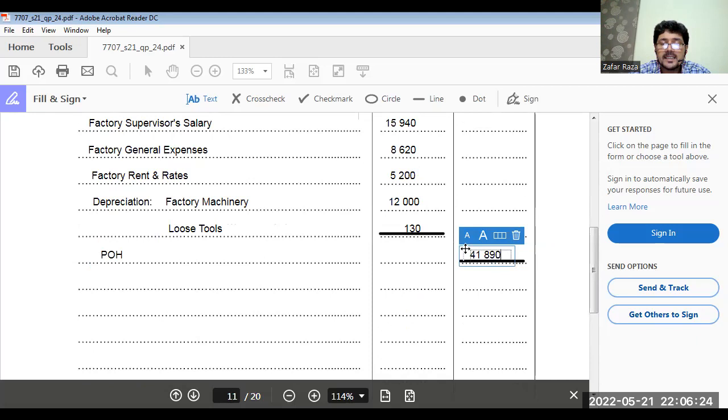Now we have to add. So prime cost plus production overhead, and we will get the amount of total manufacturing cost. This is TMC, total manufacturing cost.